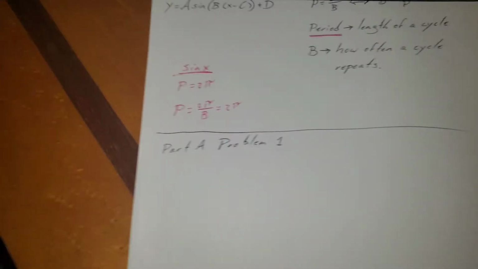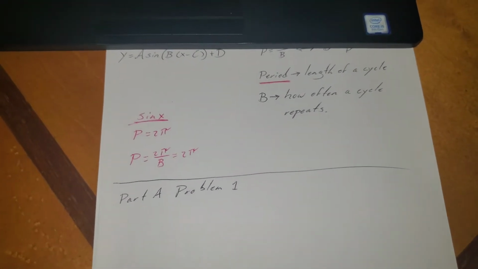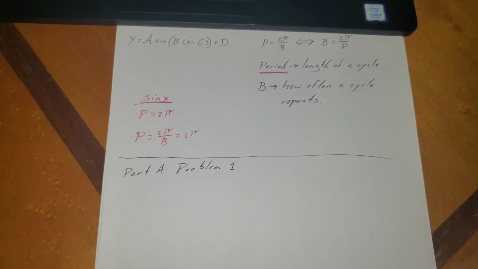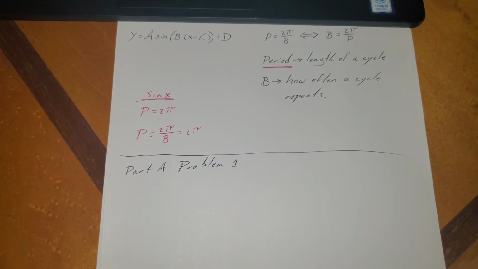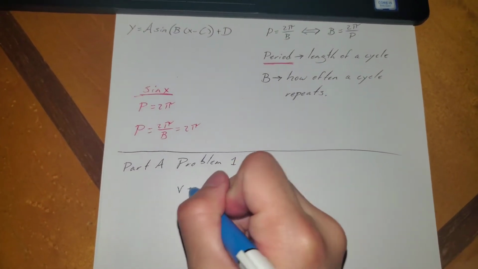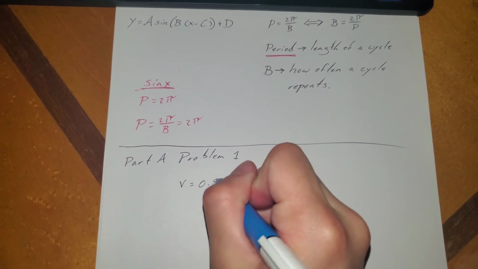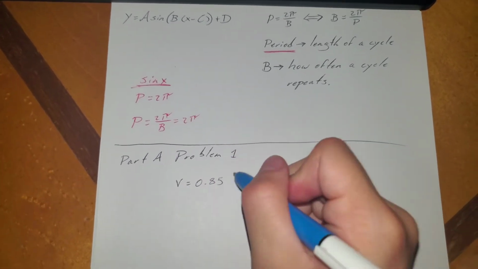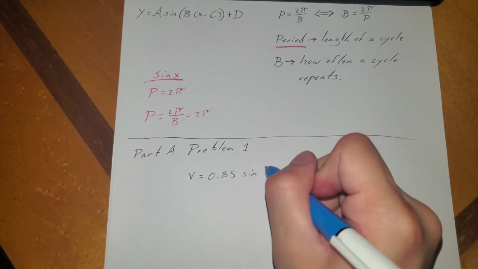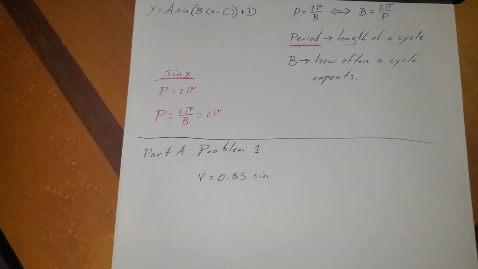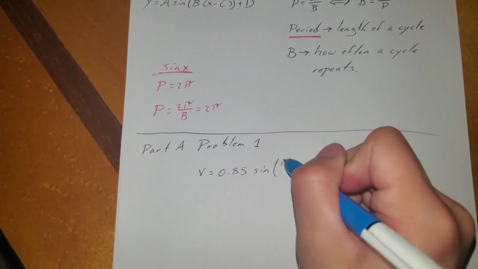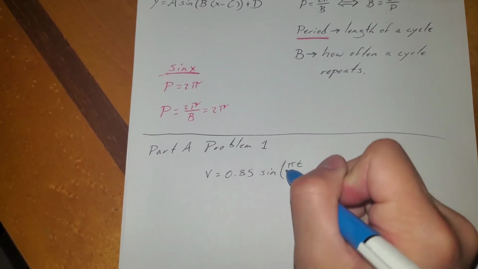Okay, so let me try to make the whole thing fit into the paper. All right, so we have the function v equals 0.85 sine of pi t over 2.